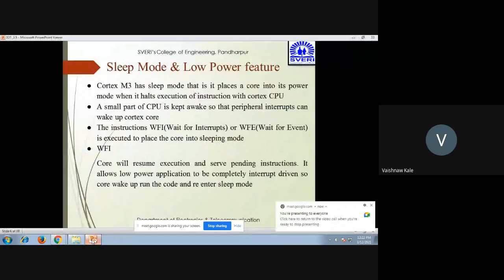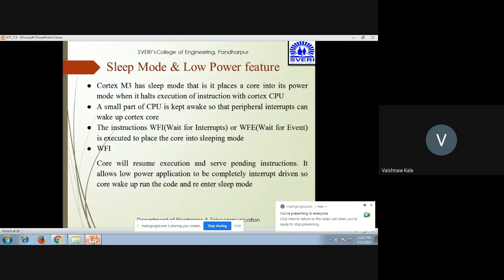See, the core will resume execution. Once it's in a sleep mode, then the interrupt is given. It resumes execution and serves the pending instructions. It allows the low power application to be completely interrupt driven so that the core wakes up, runs the code and re-enters the sleep mode.